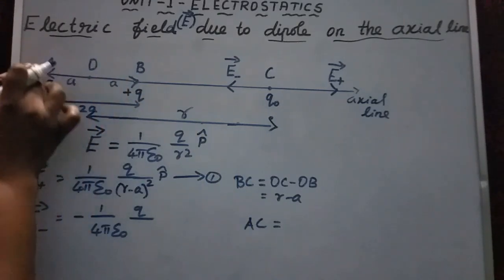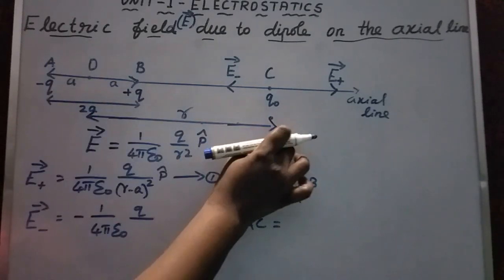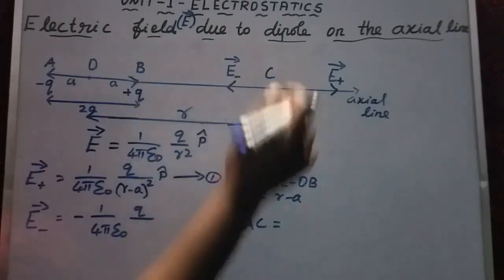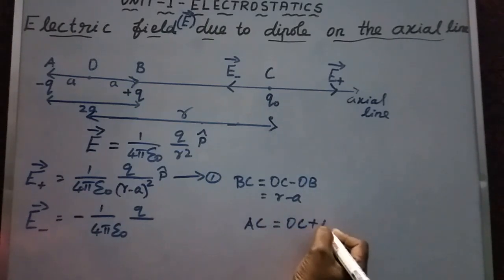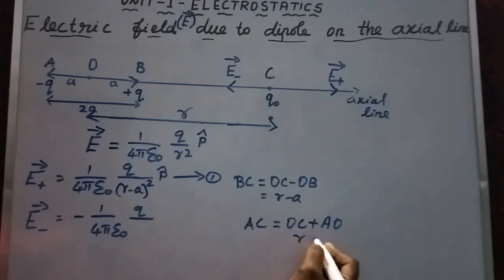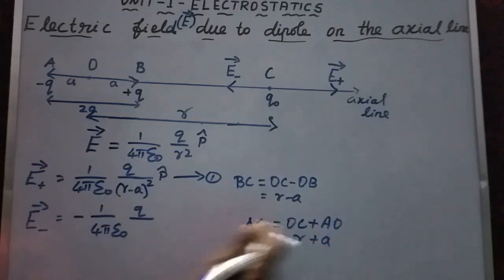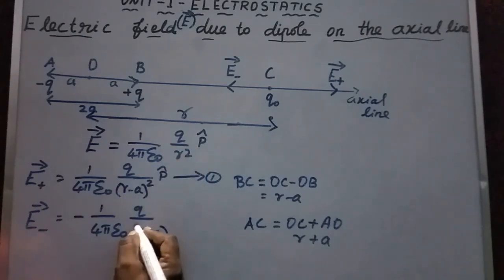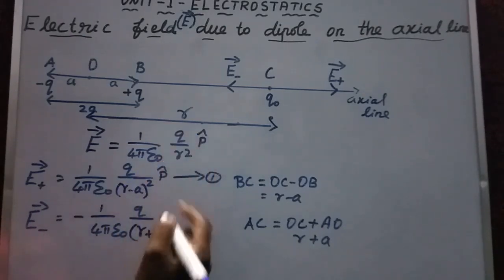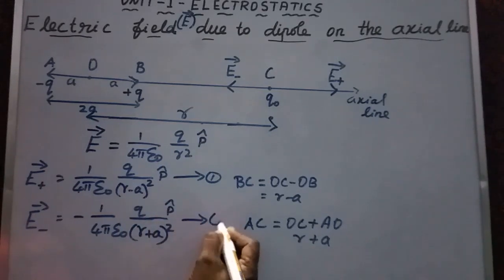If we add the distance AO with OC, we get AC. So AC equals OC plus AO, that is r plus a. So instead of r, we are substituting r plus a. Here squared, and then this p cap. This one is equation number 2.